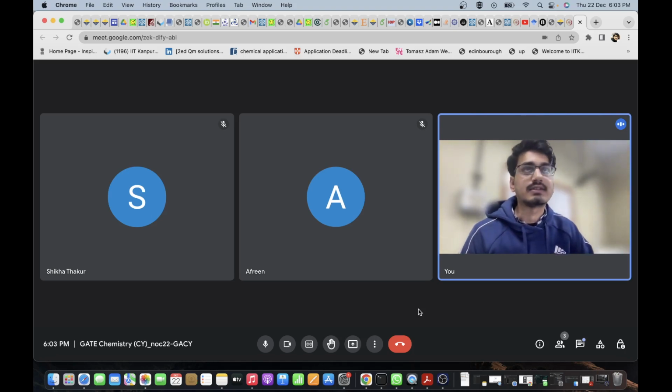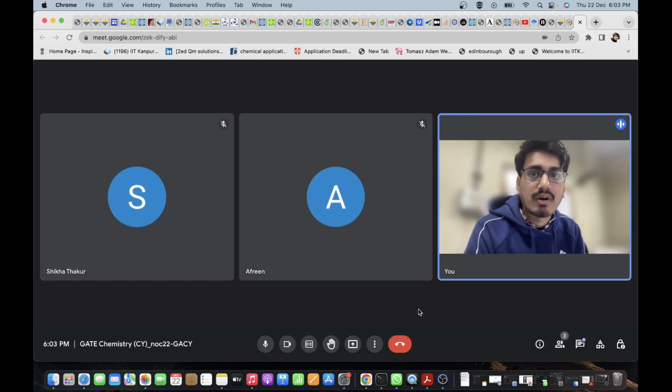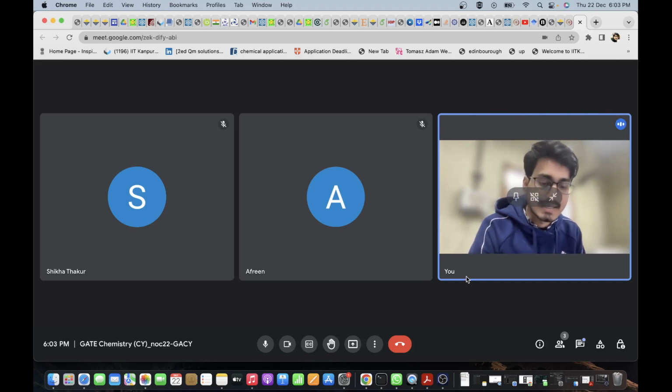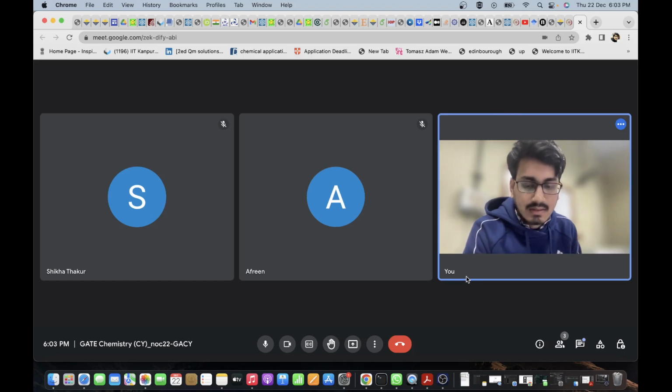Okay, so let's start gradually, then others will join. So today I will be discussing some topics from Kinetics chapter, some important topics and some expressions. Mainly we'll discuss some expressions and some ideas from transition state theory to collision theory, and different types of complex reactions like reversible reaction, stepwise, parallel reaction.